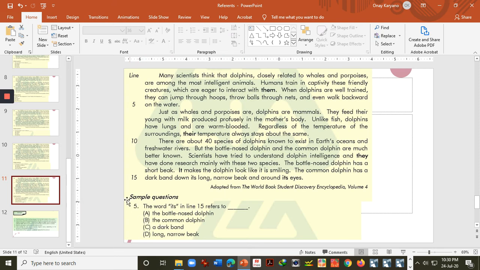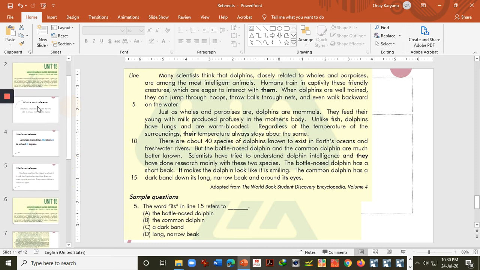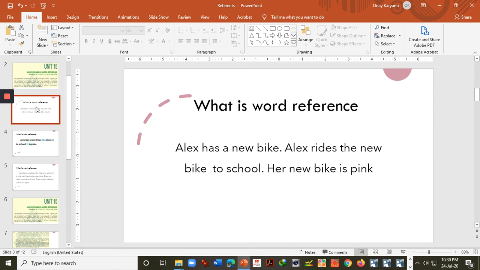Okay, so that's what we call as the word referent, right? So the word referent itu hadir, tidak mungkin mengulang kata. So we have to replace the noun, the subject, the object, or the possessive adjective or the possessive pronoun, right?